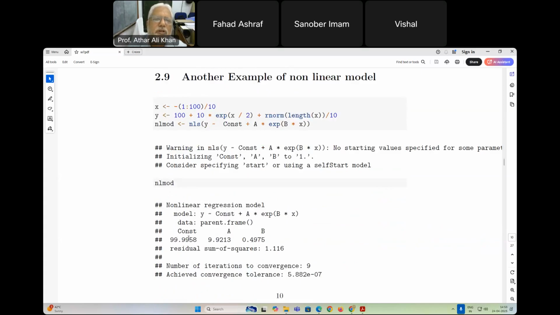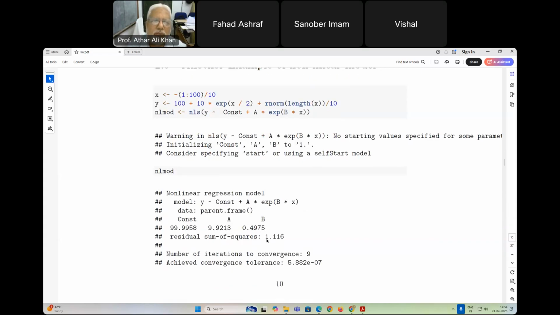The value of the constant is 100 there, and here 99.99. a is actually 10, so 9.92, and b is 0.5, so it is 0.4975.